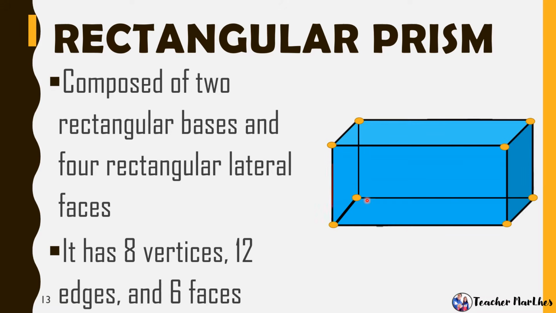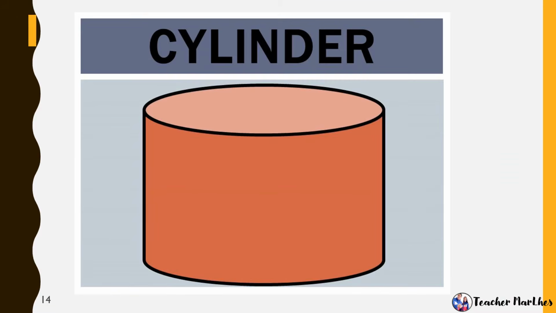It has 12 edges: 1, 2, 3, 4, 5, 6, 7, 8, 9, 10, 11, and 12. And it also has 6 faces: the front, the back, the top, the bottom, the left side, and the right side. The third figure is cylinder.